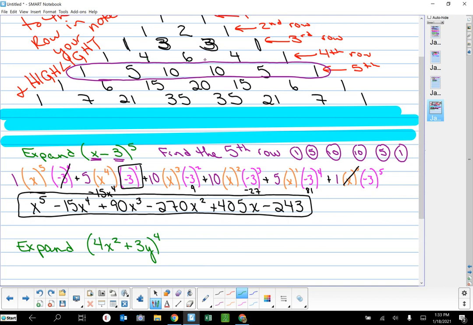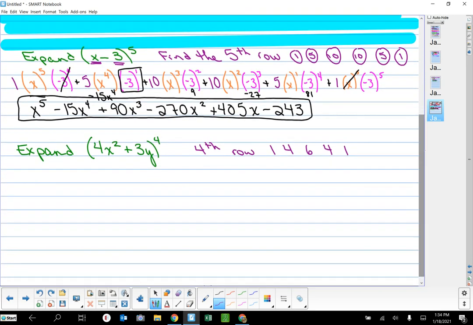So 1, 4, 6, 4, 1, which is the 4th row of coefficients. 1, 4, 6, 4, 1. And then I'll do the same things. Now my x value is this 4x squared and my y value is 3y.